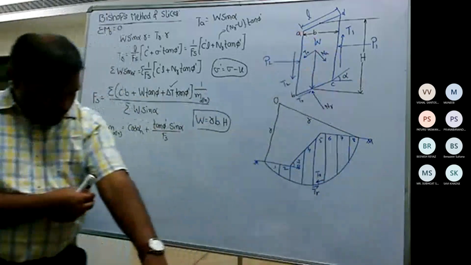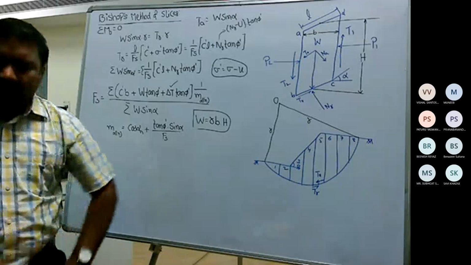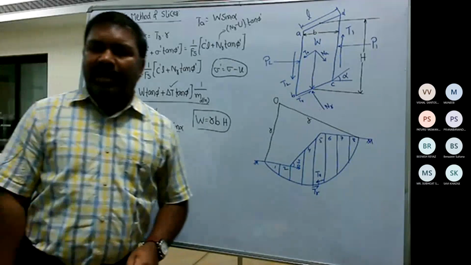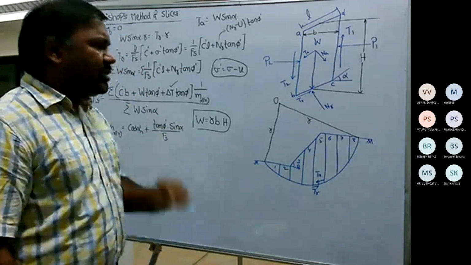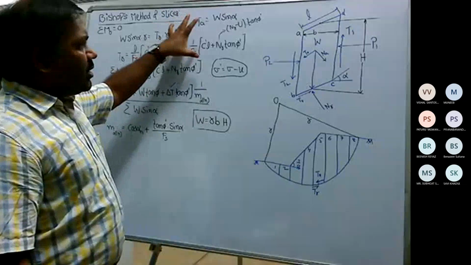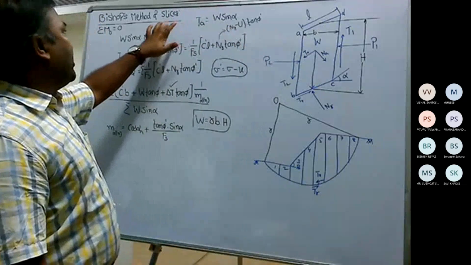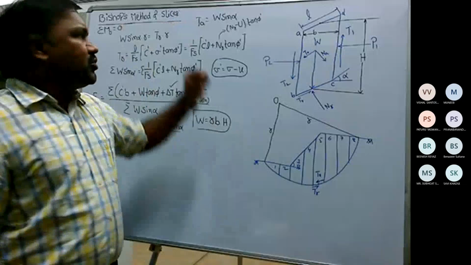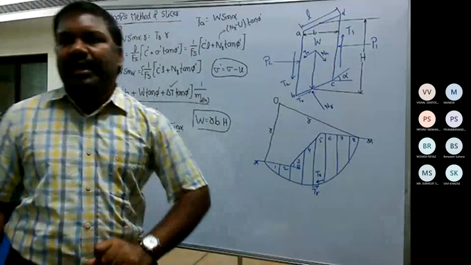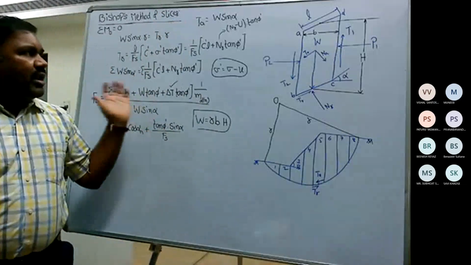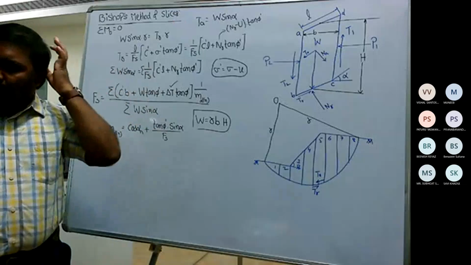If you look at any book or any analysis, they usually say that earlier, before the development of this method, people widely used only Bishop's method. Bishop proposed this equation in the year 1955, and it has undergone several modifications.